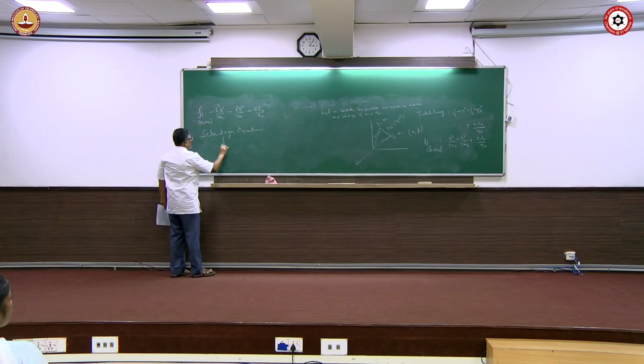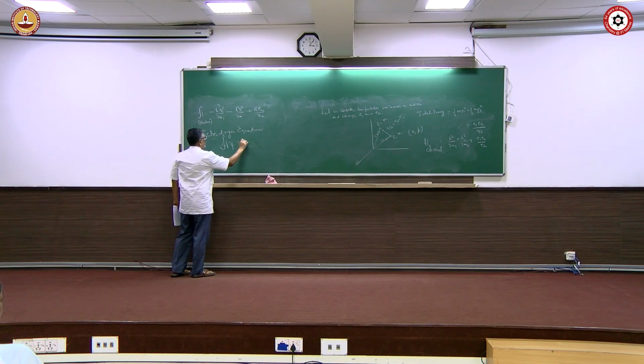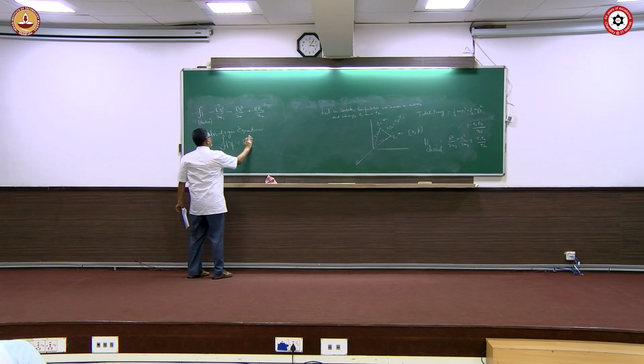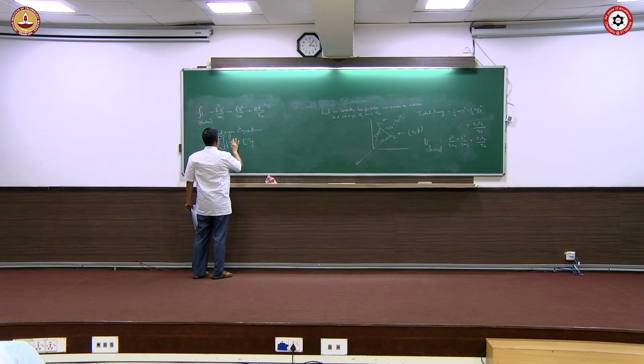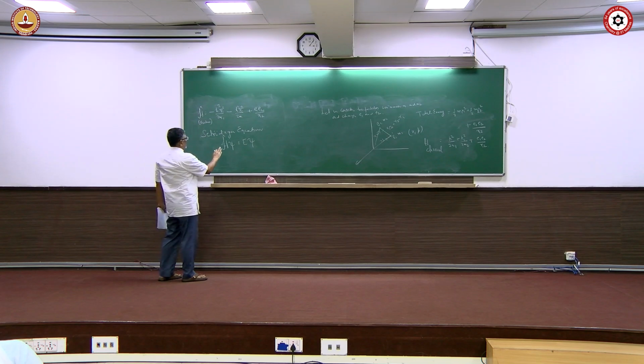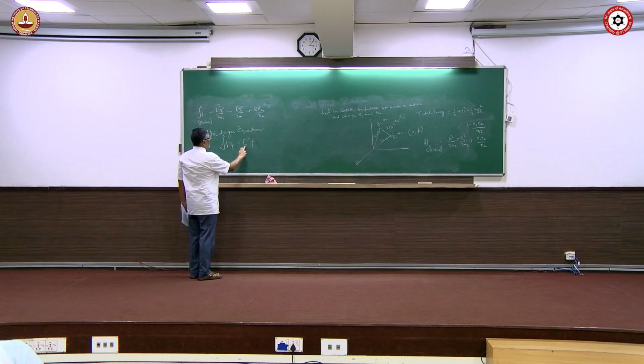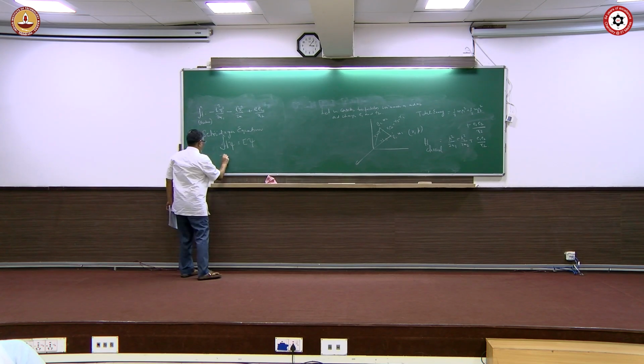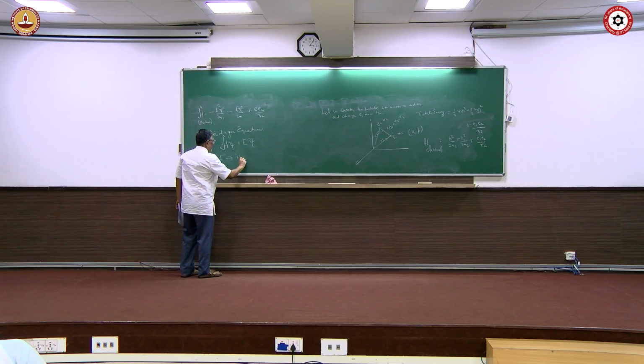What is the Schrodinger equation? H psi equals E psi. Psi is a vector; remember that it is an n-dimensional vector. How do you write this? What is the operator corresponding to E? The operator corresponding to E is i h-bar dou by dou t.